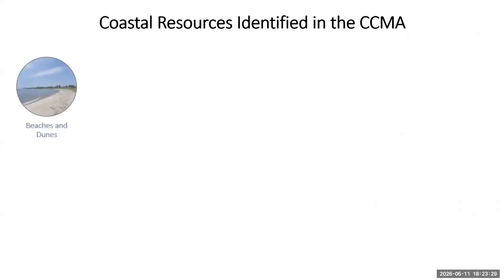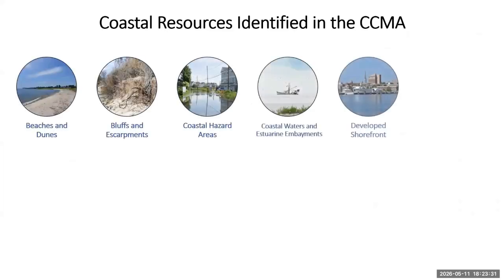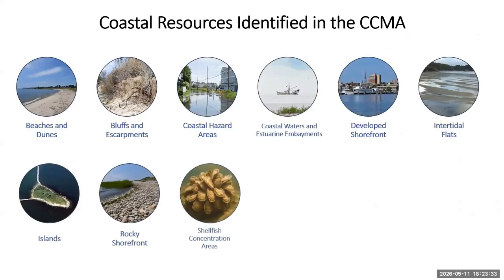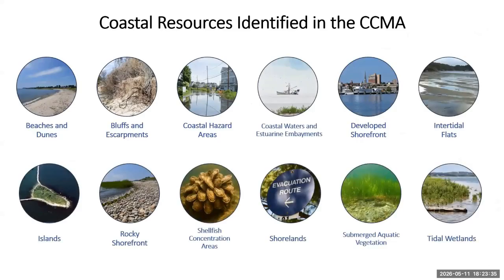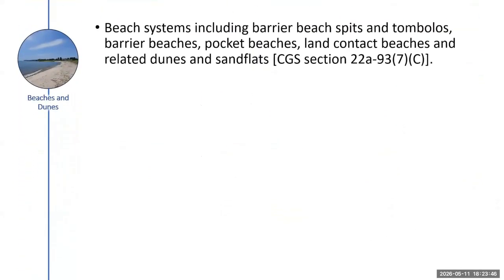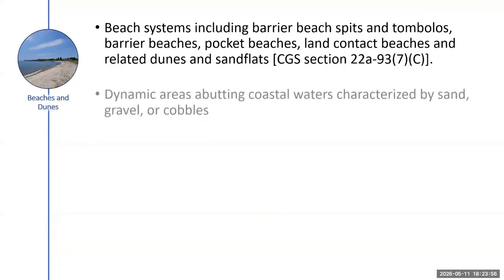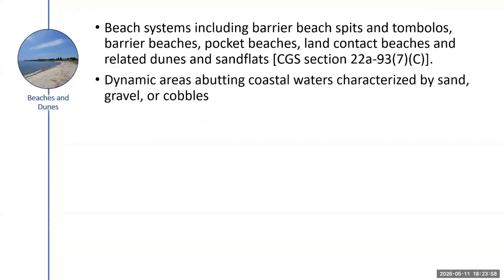Here it is. All right. Okay, so among the various coastal resources that are identified in the Connecticut Coastal Management Act, the CCMA, are beaches and dunes. Those are basically beach systems, including barrier beaches, spits, tombolos, pocket beaches, a variety of beaches, as well as related dunes and sand flats.